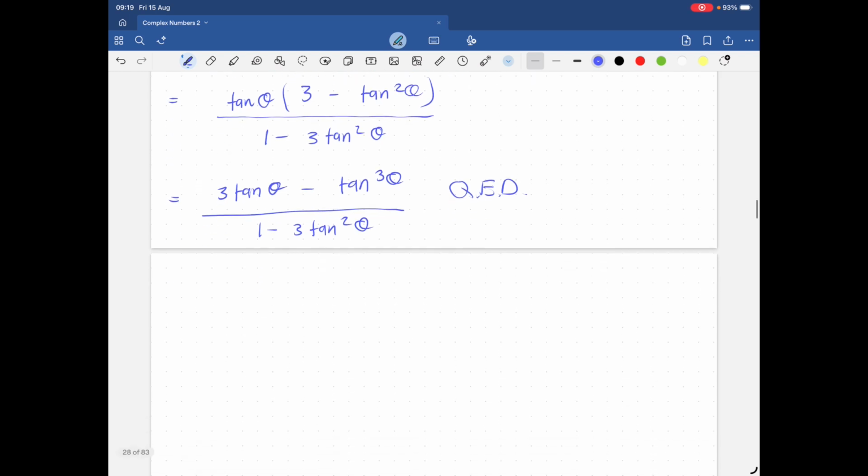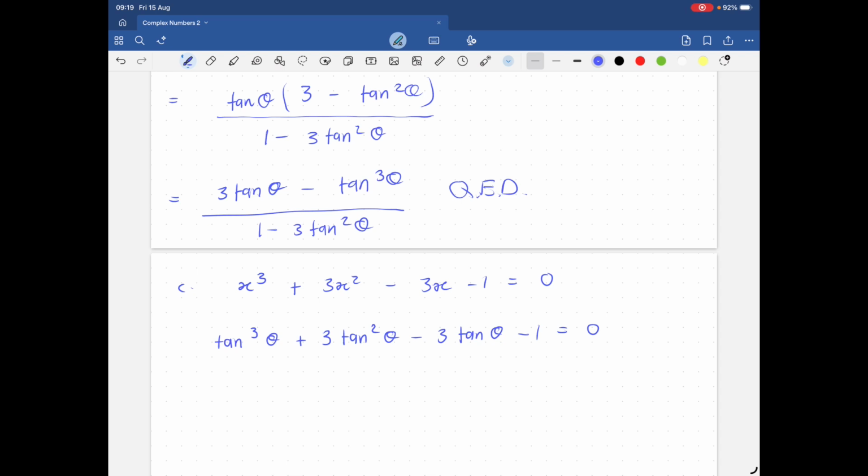Okay, part C. Solve x cubed plus 3x squared minus 3x minus 1 equals 0 using the substitution x equals tan theta. So what that gives us is tan cubed theta plus 3 tan squared theta minus 3 tan theta minus 1 equals 0. However, what we can do is we can plus some things onto the other side.